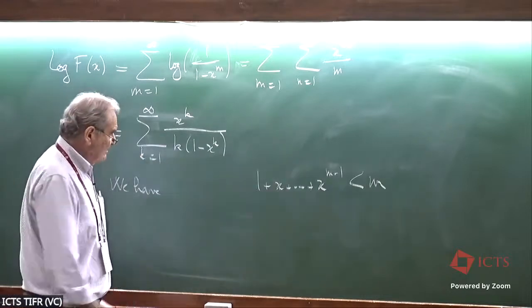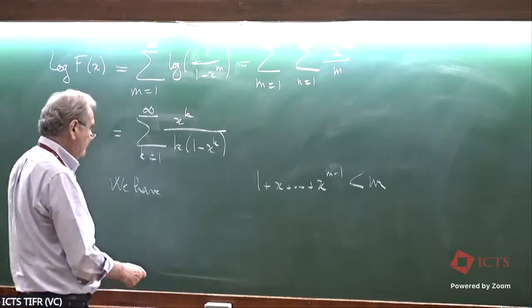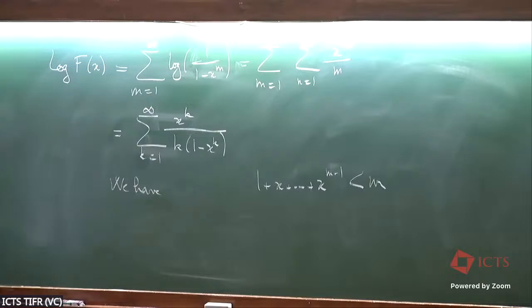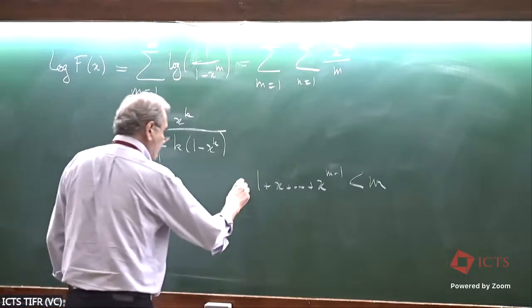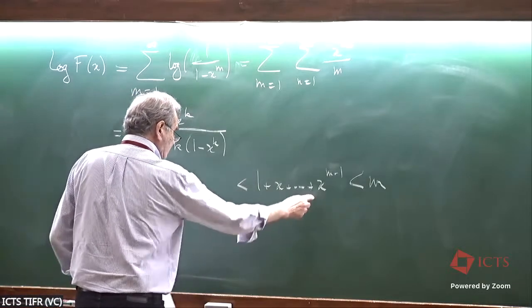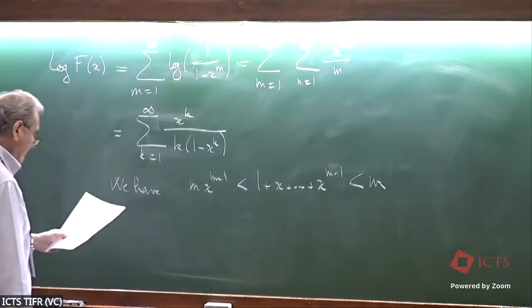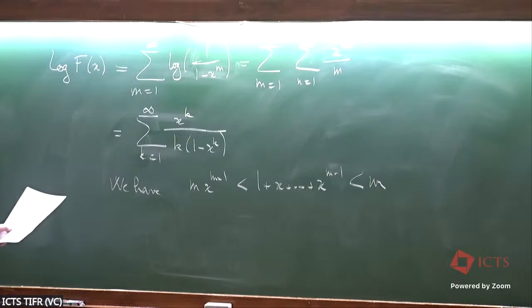So you have this, for x real. When I write something like that, it means, of course, that I am just taking real values. But on the other hand, it is larger than what you get if you take the smaller one, which is x^(m-1).